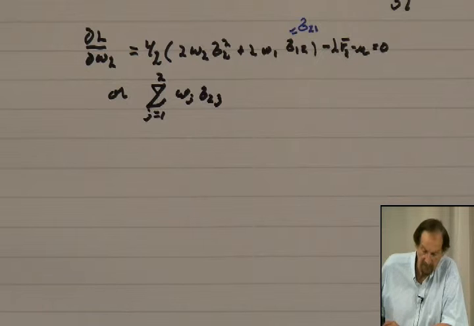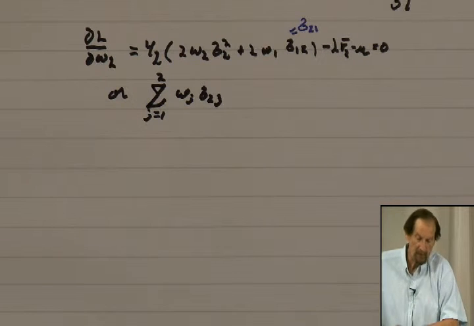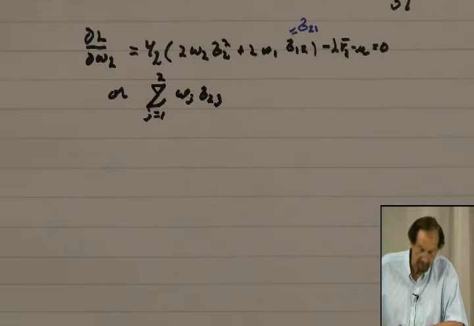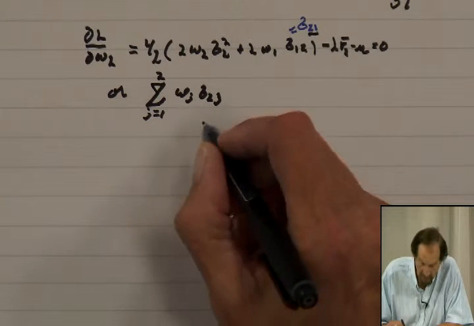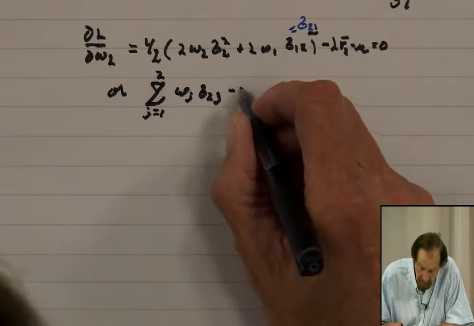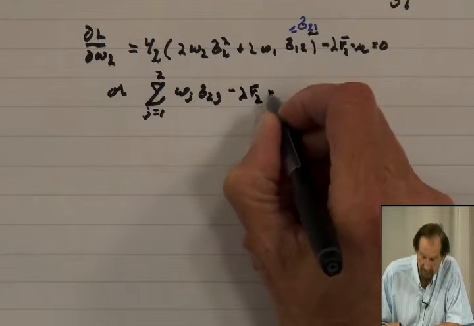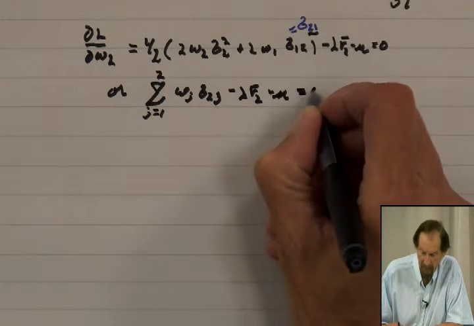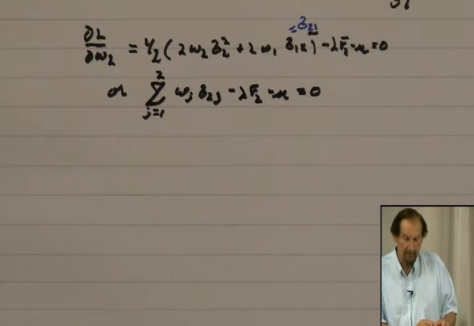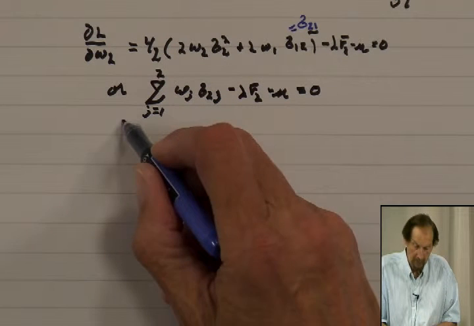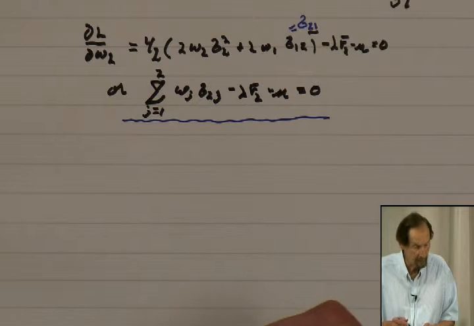Okay, because when j equals 2, we get the variance. j equals 1, we get the covariance here. Minus lambda r bar 2 minus mu equals 0. Okay. So this is our second partial.